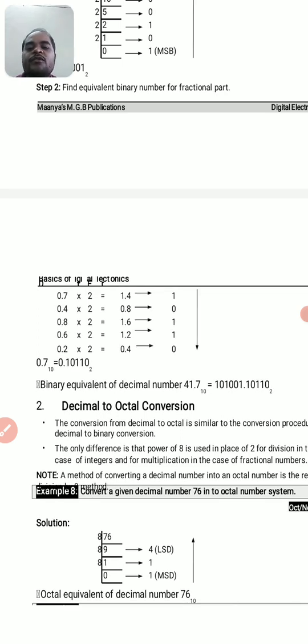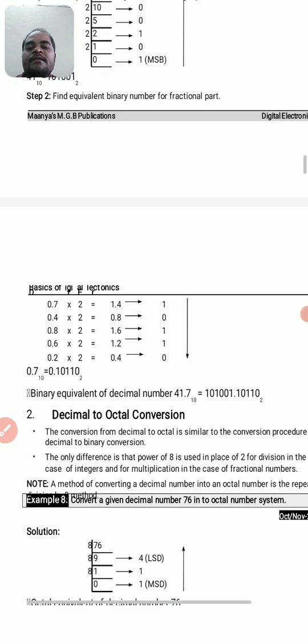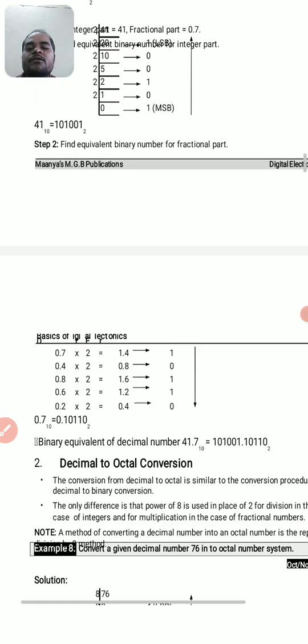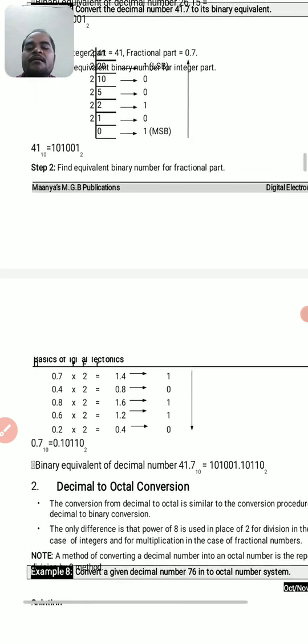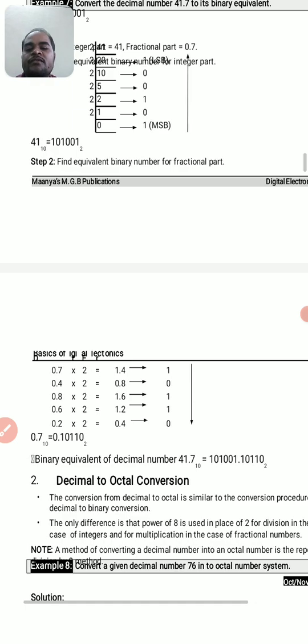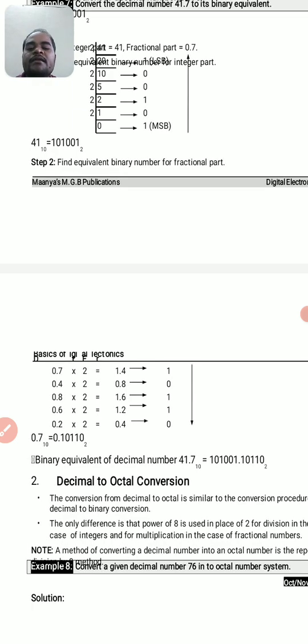By combining both, the binary equivalent of 41.7 is 101001.10110 base 2. So this is the conversion process for converting a given decimal number into its binary equivalent, that is, converting a number from base 10 into base 2.